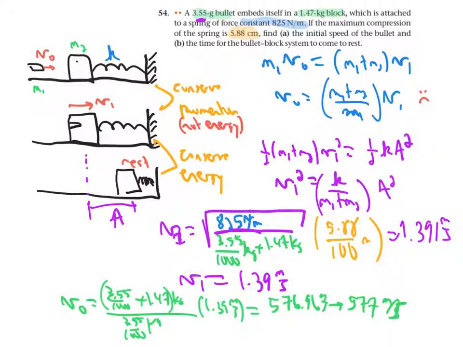It's fast compared to the speed of sound, for instance, but not unusual for a bullet, which often goes faster than the speed of sound. That's why you get that crack when it fires.